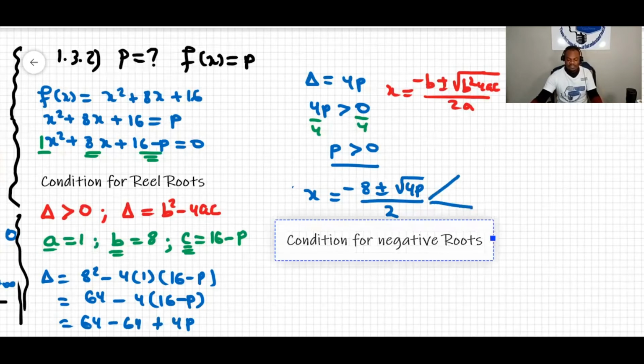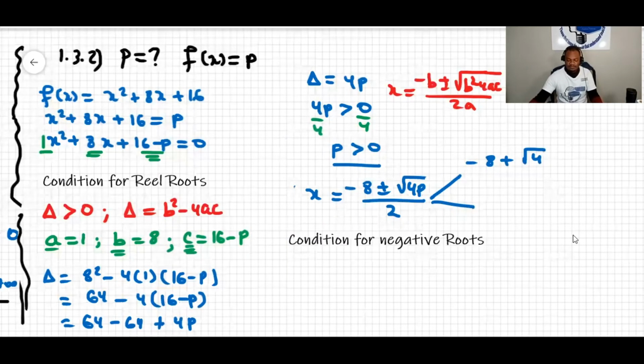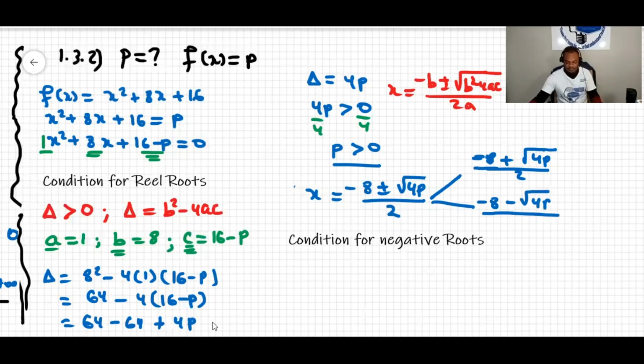We have negative 8 plus root 4p over 2, and then negative 8, it's part of the bracket within the fraction line, minus root 4p over 2. We have these two solutions.